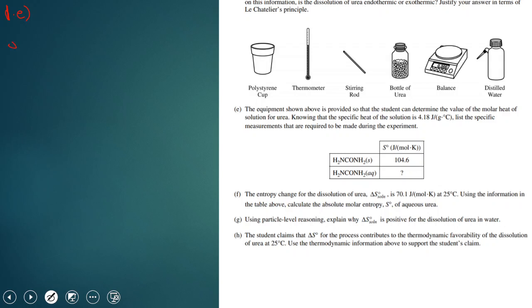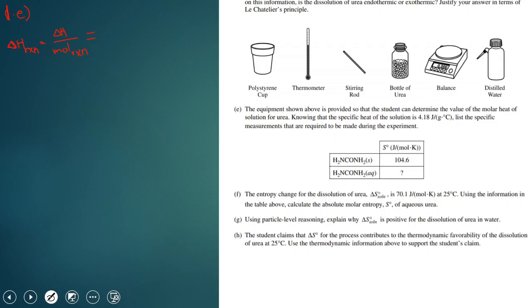And so just a quick recap, keep in mind that our delta H reaction is equal to our delta H divided by our moles of reaction. And delta H is technically plus or minus the absolute value of Q, depending on whether it's endothermic or exothermic.